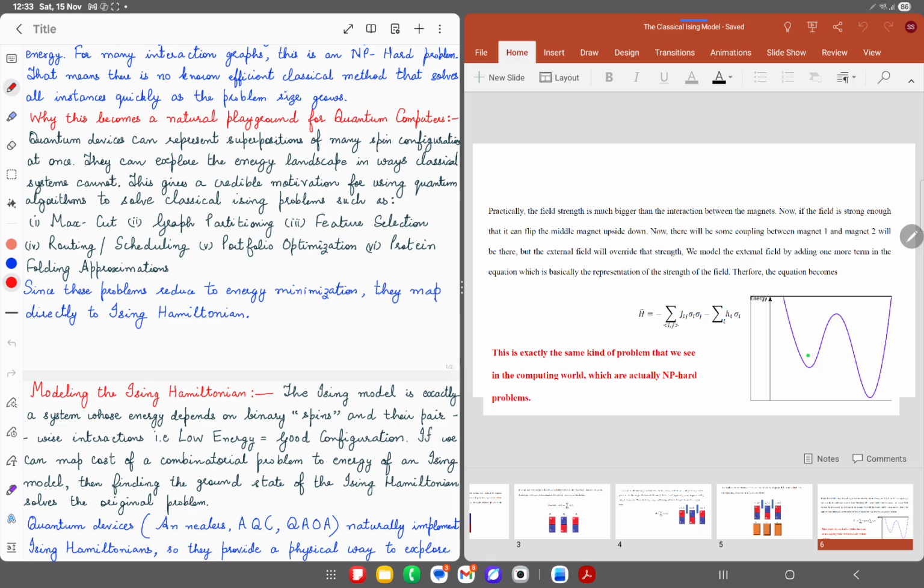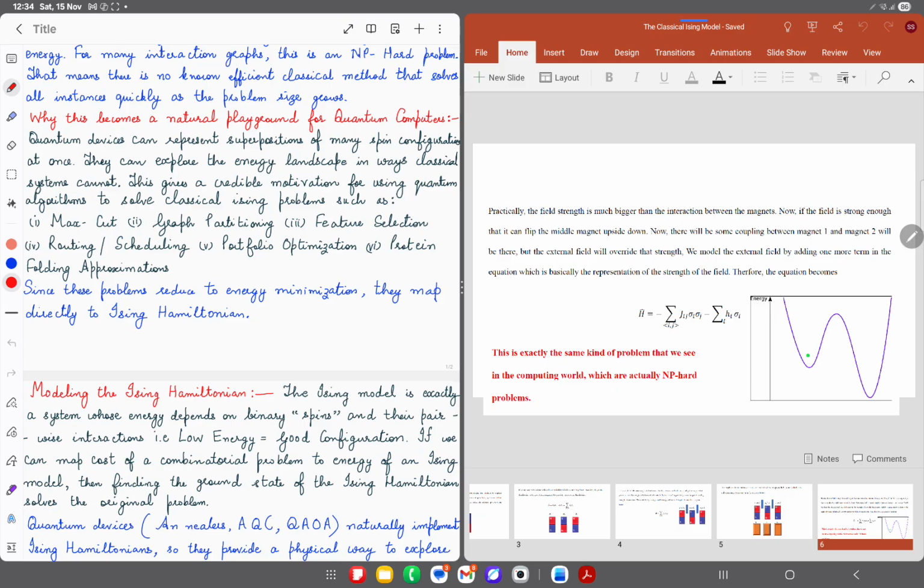What I mean to say is that the Hamiltonian of the NP hard problems looks like the Hamiltonian of the classical Ising model. We have modeled the classical Ising model, so we can use the same equation to map it to the NP hard problem, and we can take advantage of this Hamiltonian to further minimize the Hamiltonian and reach an optimal solution.